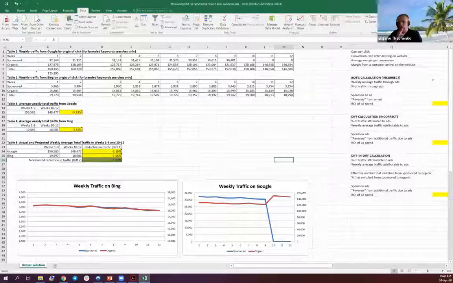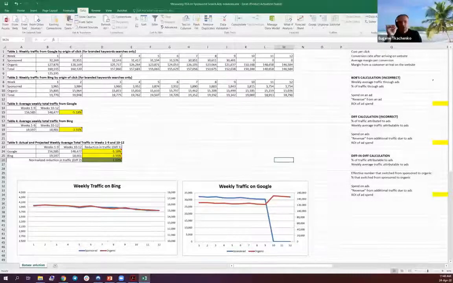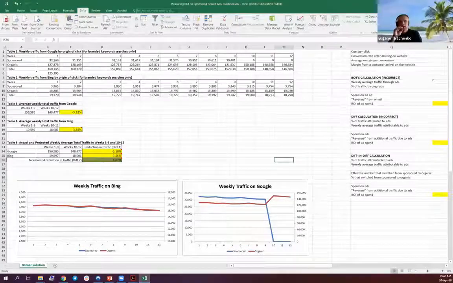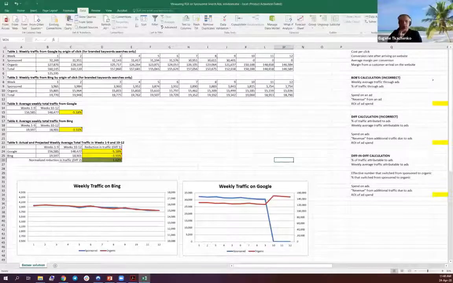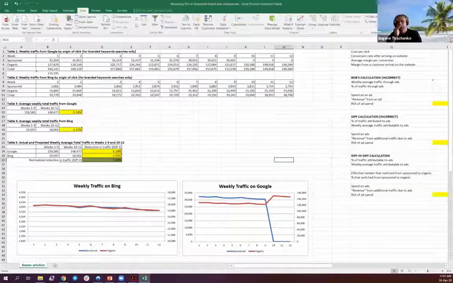Please just make sure that you have data analysis and solver installed on your machines, because first of all, I will try to take you through the theoretical part as well as show how it can be done on your machines.